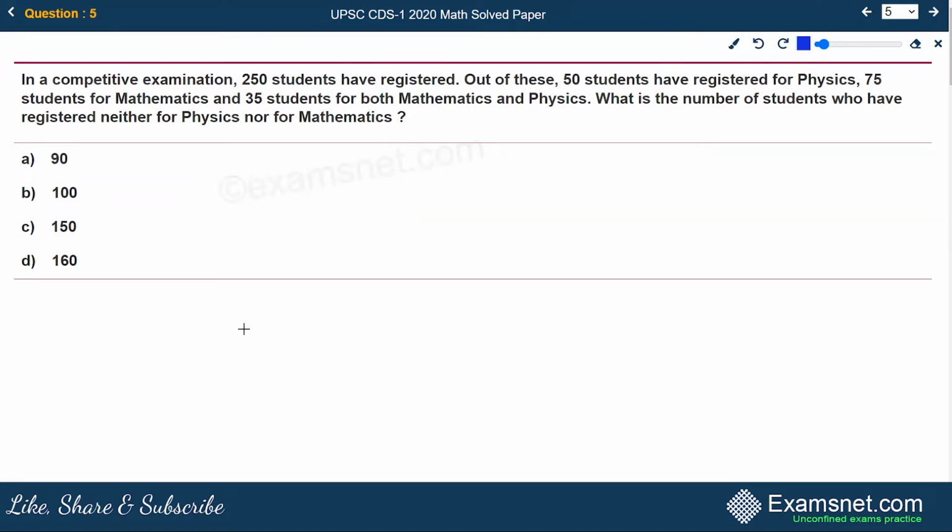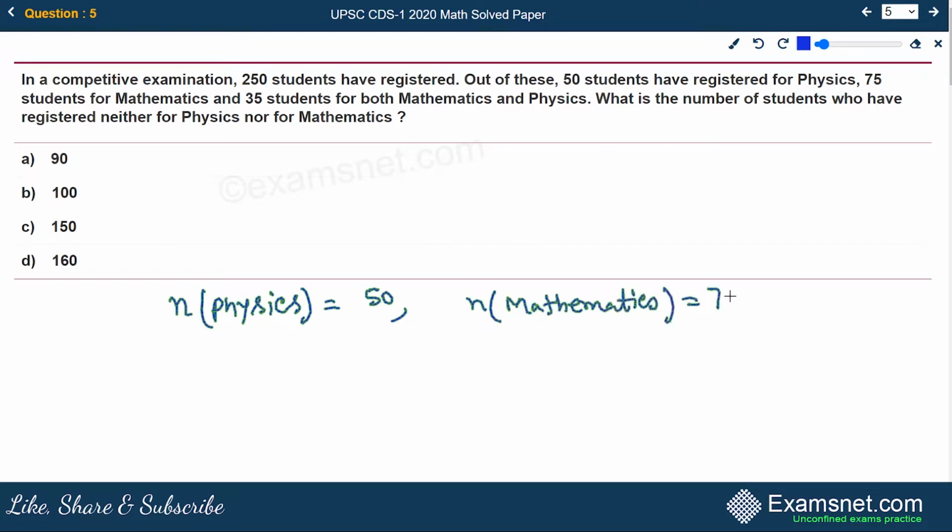The concept is: the number of students registered for physics is 50, and the number of students registered for mathematics is 75, and the number of students registered for physics and mathematics both is 35.